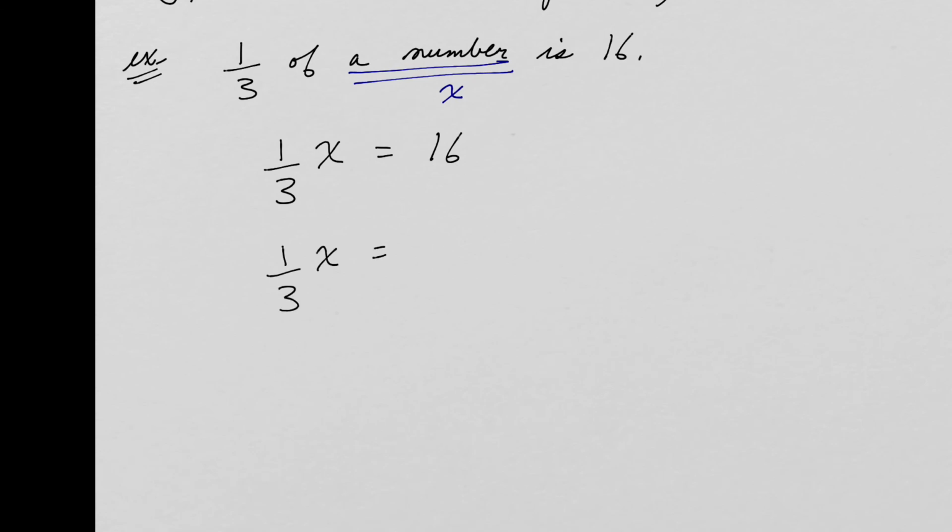I'm going to isolate the x. I can do that by multiplying by the reciprocal. If I multiply by 3, you can think of it as 3/1, then that will get rid of the 1/3. It'll make it into a 1, right, when I multiply. So I've isolated the x. I have x by itself. And on the right-hand side, I just have to do 3 times 16, which is 48.